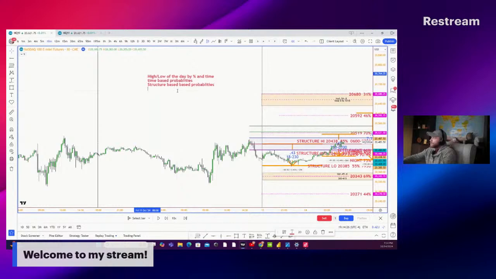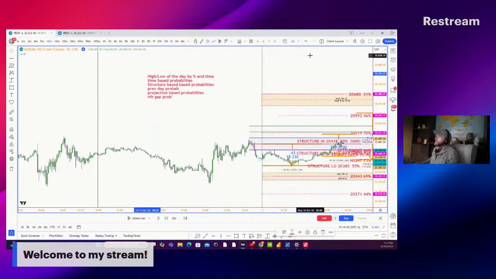We have our previous day probabilities. We have our projection-based probabilities. We have our RTH probabilities, RTH gap probs.